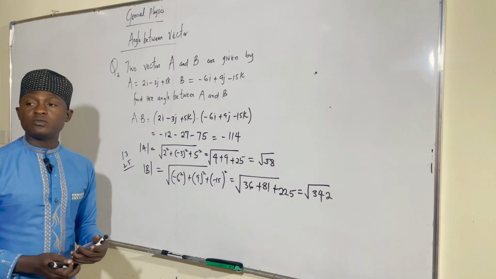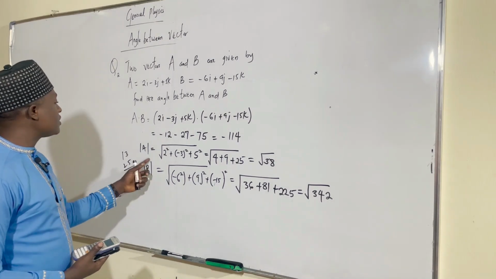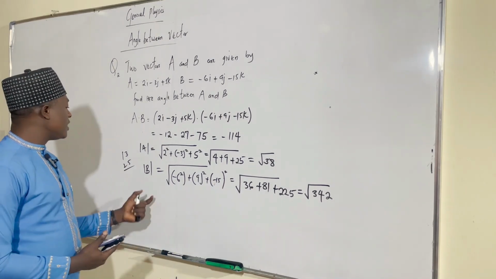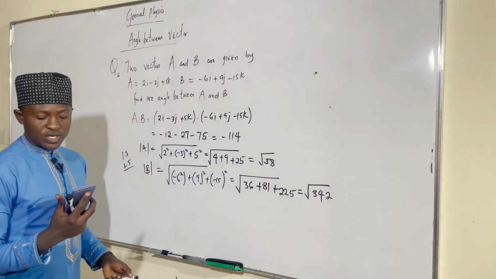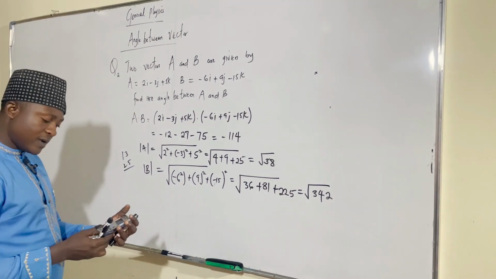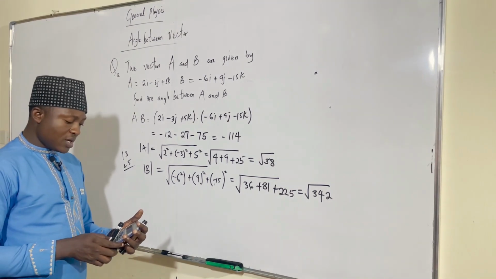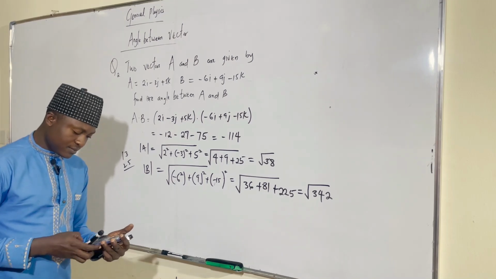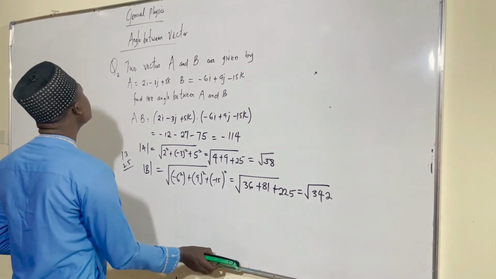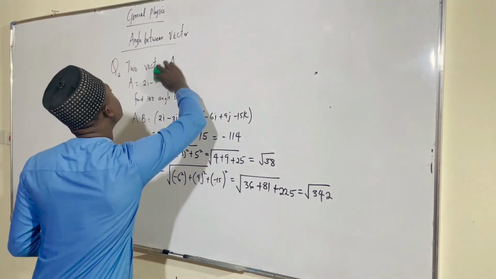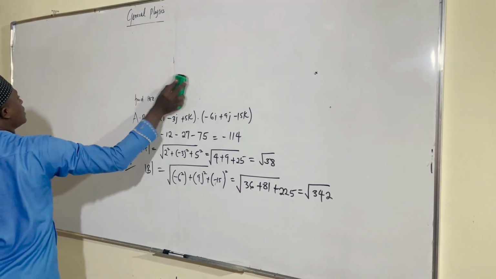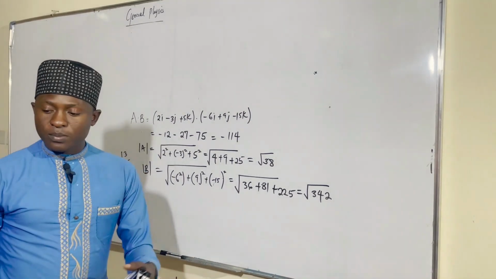I've gotten A dot B to be minus 114. I've gotten absolute of A to be root of 38. Absolute of B to be root of 342. So the next thing for me to do now is to find my angle as required. So from the problem, we are asked to find the angle between A and B. So please, it might be anything.